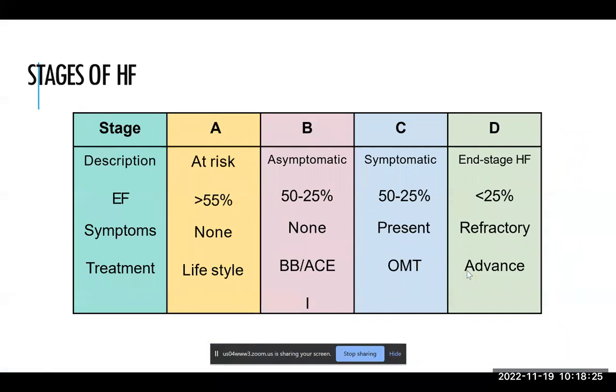And if we talk about stages of heart failure, because this is kind of new in the last few years and it's developing, and it's important, it comes from prevention. So if you know the first 2 stages of heart failure, you would prevent the patient from going to stages C and D. So stage A is at risk, where you have a normal ejection fraction, you have no symptoms, and treatment is lifestyle.